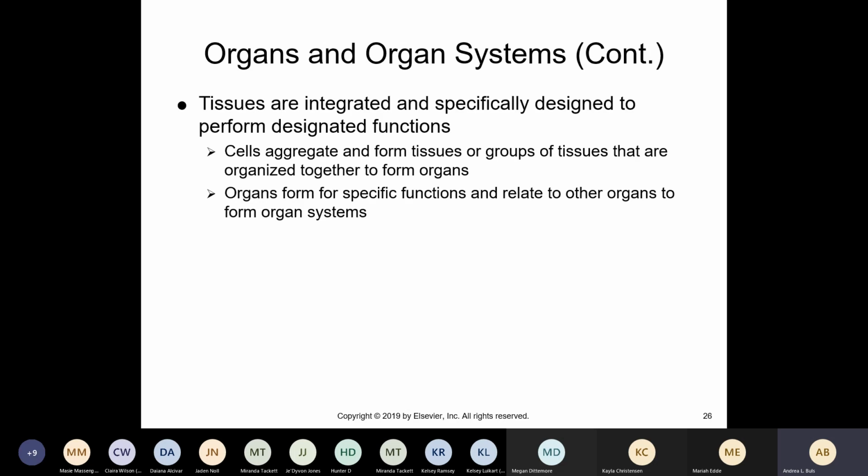Tissues are integrated and specifically designed to perform different functions. So these cells aggregate to form tissues or groups of tissues that are organized together to form organs. And then the organs perform specific functions and relate to other organs to form organ systems.